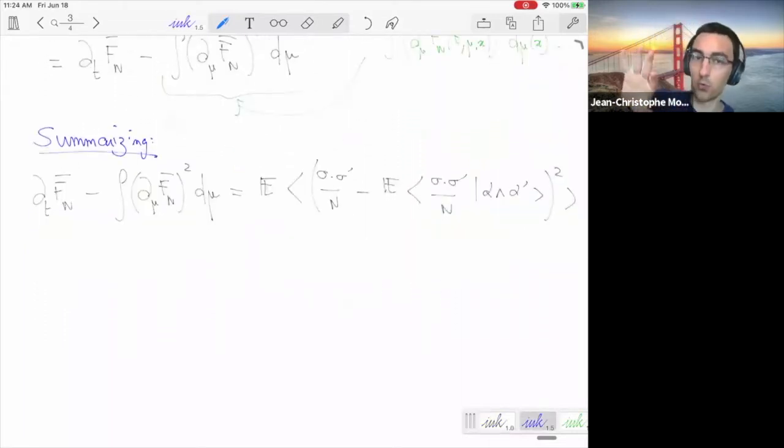Okay, so you remember in our naive attempt, we did something similar, and on the right side, we had the variance of the sigma overlap, and now we have this conditional variance.